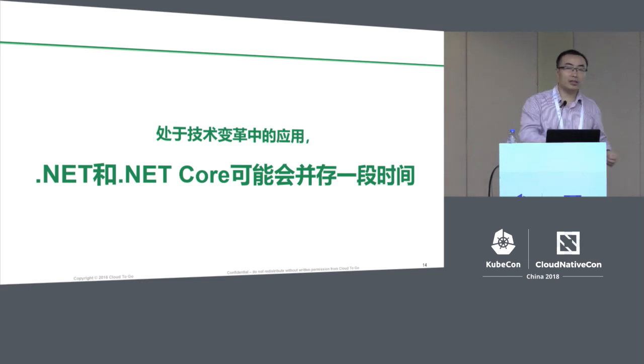And there are some customers who told me that we can just set up a new project to do our microservices. This is a way, but this takes more time.